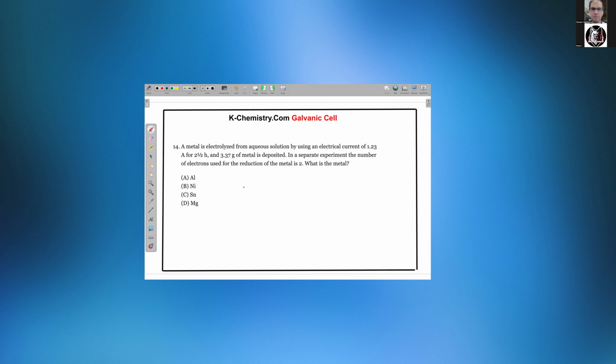So the mass is equal to I multiplied by time divided by F, multiplied by molar mass over the number of electrons. The mass is 3.37 grams, and the current is 1.23.